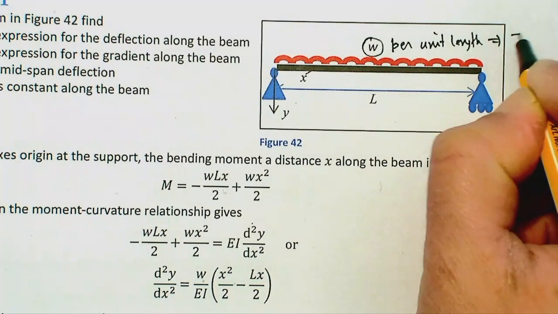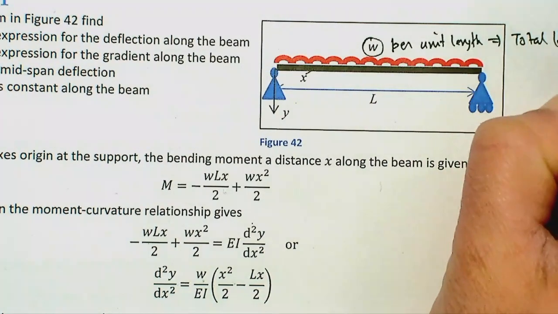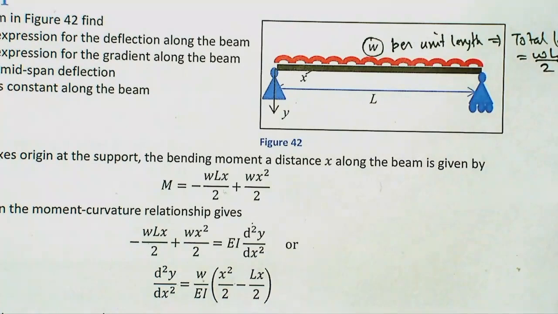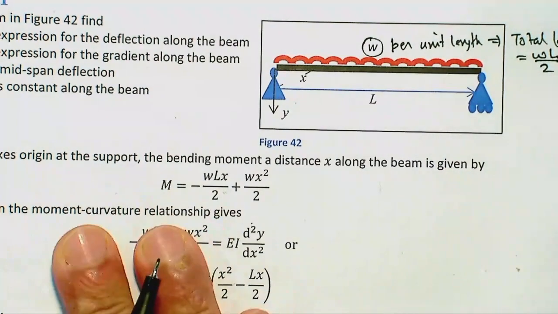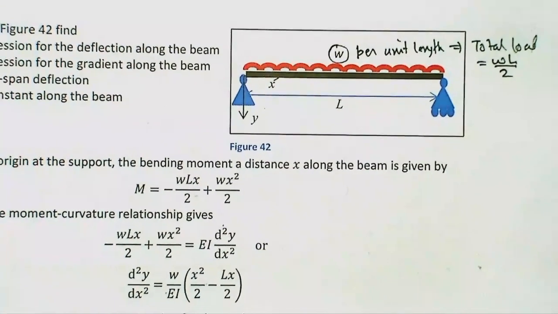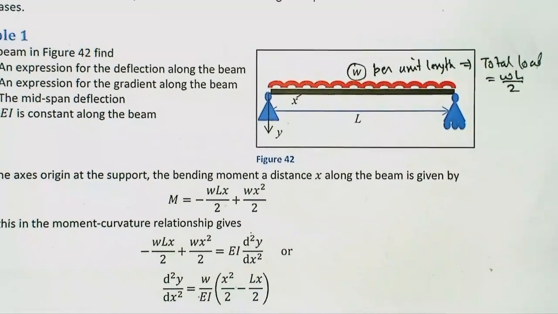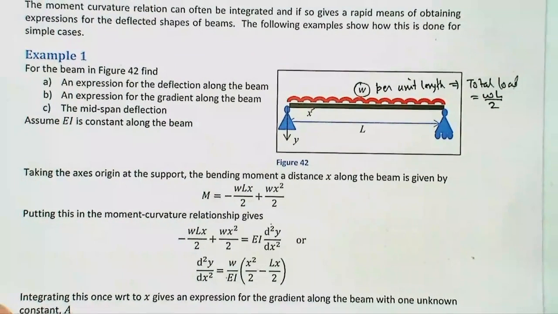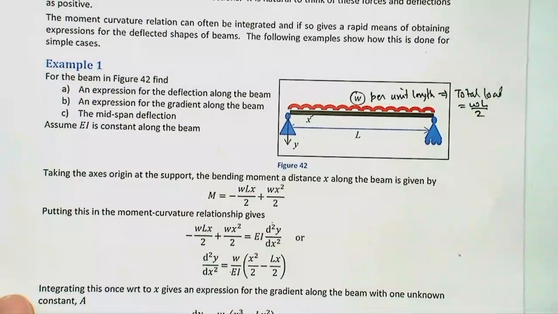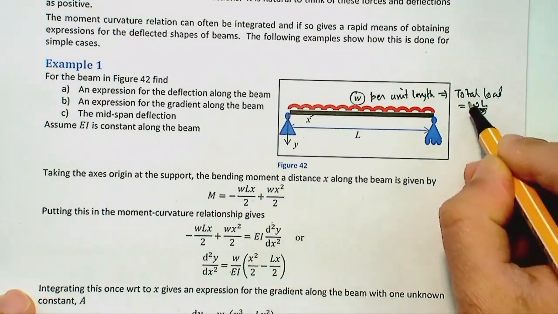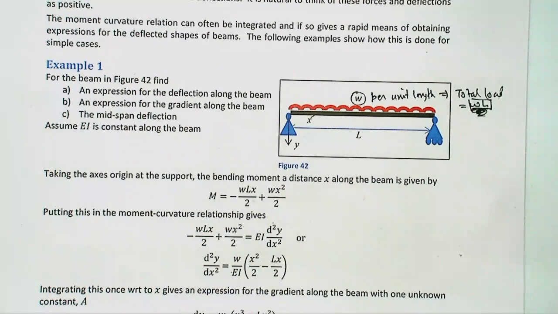So that means the total load on the beam would be W times L. So the reaction would be WL over 2.